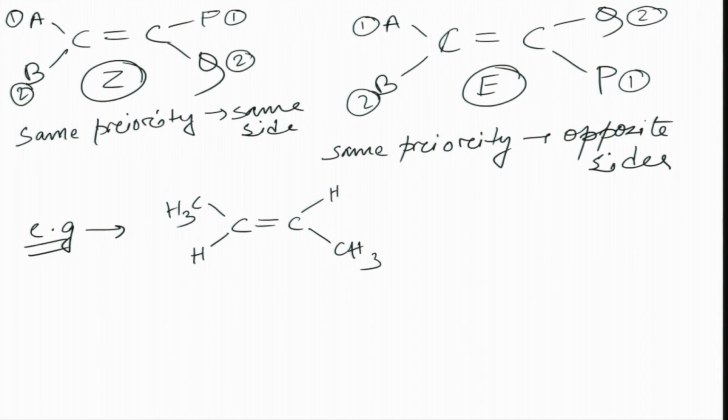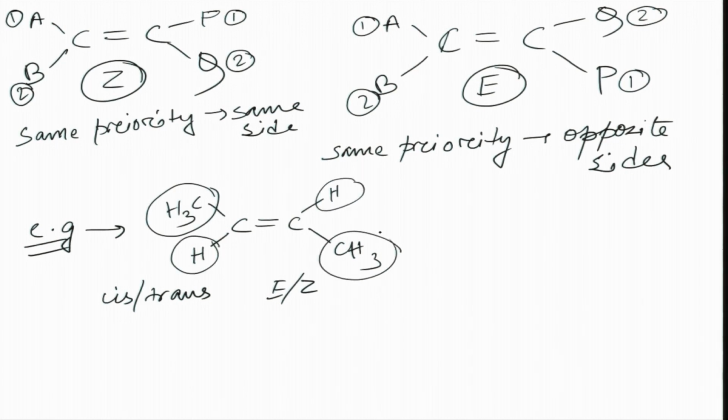In this case, the two groups are the same, that is, the groups bonded to these two carbons are the same, and the same groups are on the opposite side. So, in this case we will call them cis-trans or E-Z. Since the substituents are the same, methyl and hydrogen, we will call this trans, since the same groups are on opposite sides.